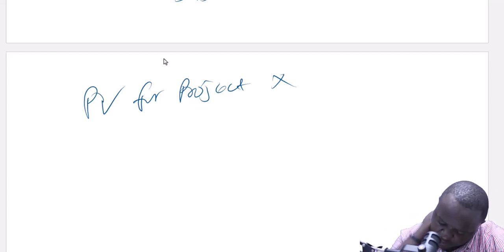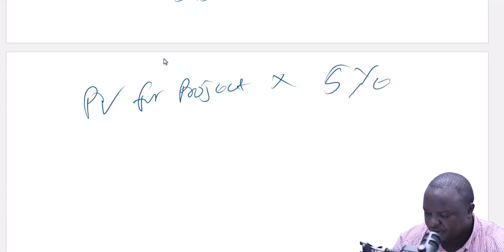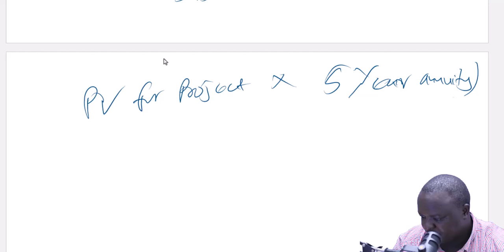Now calculate the PV for project X, the 5-year annuity.